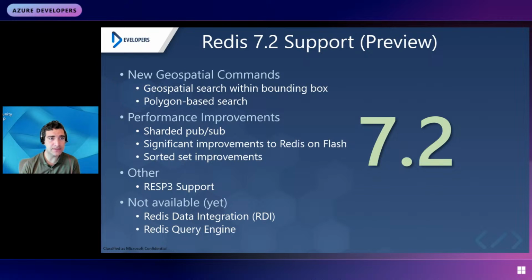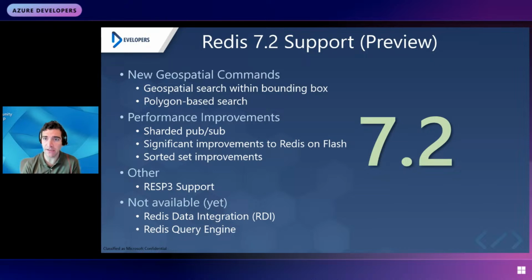And we always pull in security updates and several stability updates from newer versions into the older versions that we offer. So it's not like it's that out of date, but it doesn't have some of the features of newer versions. And so we're excited to offer Redis 7.2 in preview, which offers a lot of features both from 7.2 and then from 7.0 and 6.2, which we're all supporting for the first time as well.